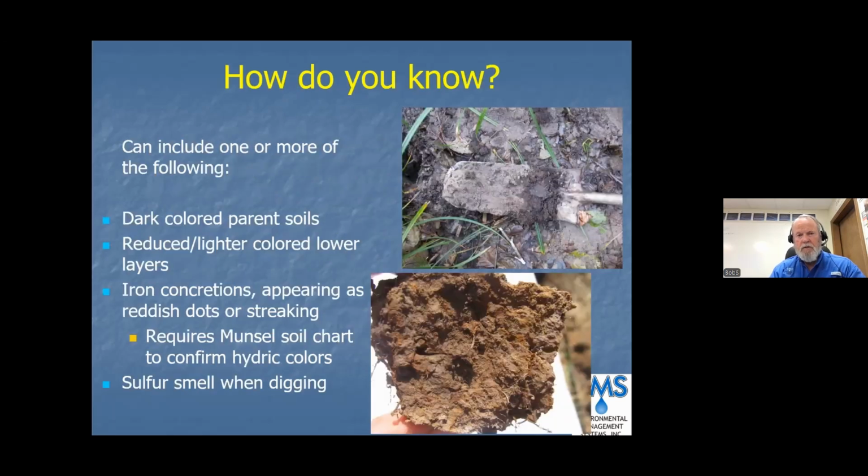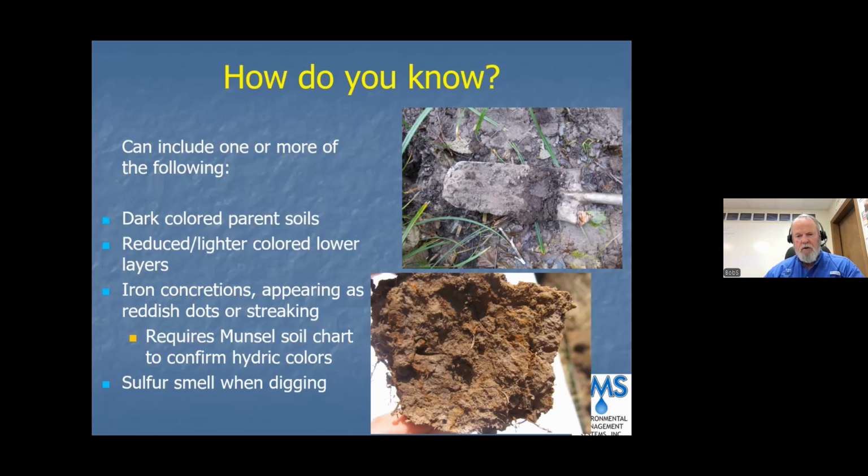And we're looking at some of the conditions. If you have gray, dark gray, or dark soils, that may be from rotting vegetation and rotting soil. You may be looking for some sulfur smell when you're digging, that kind of thing.